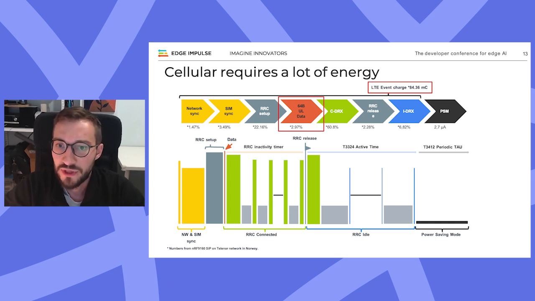So since we are working with LTE data and we chose the nRF91 series chip, here we can see a diagram of the required energy to send a chunk of data. We can see here that actually sending data is just around 3% of the whole flow and the whole energy used for sending that data over to the cloud.